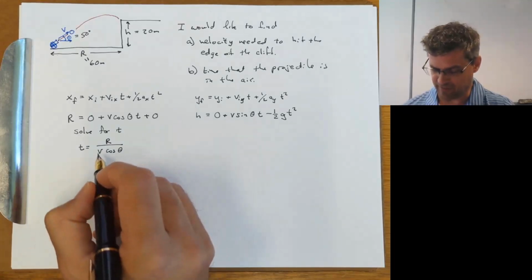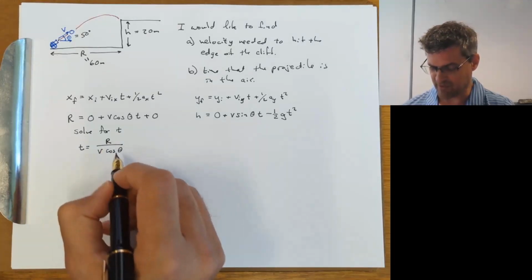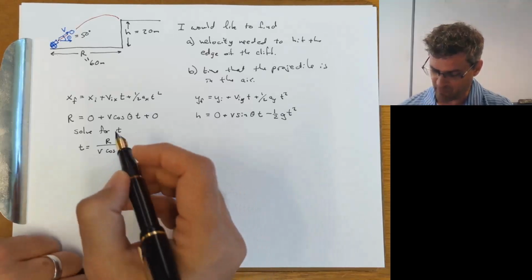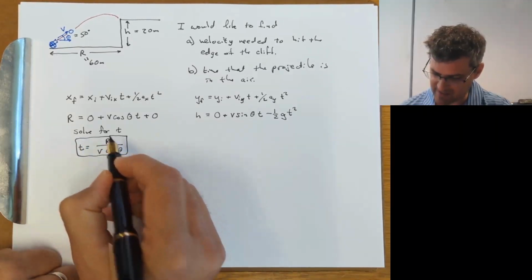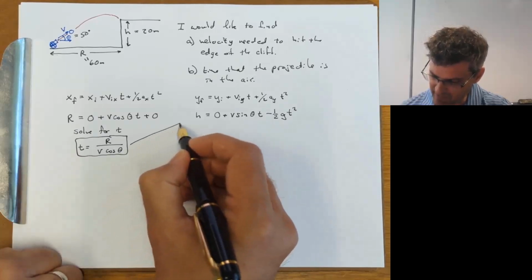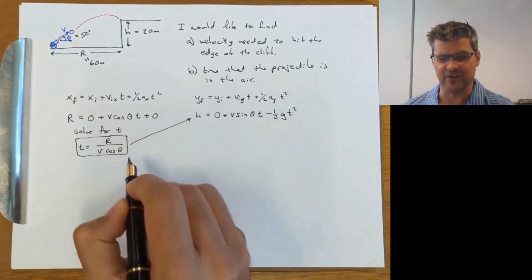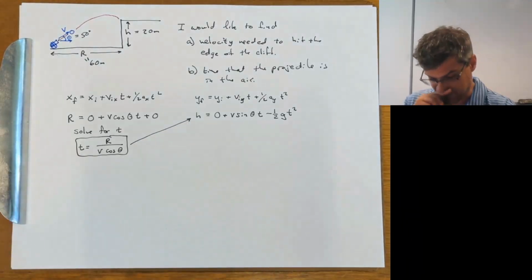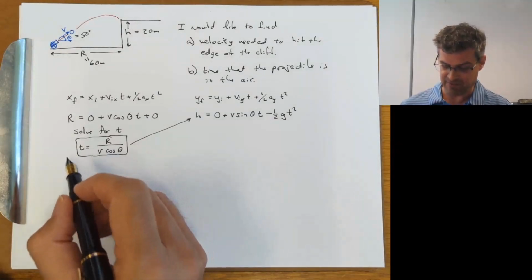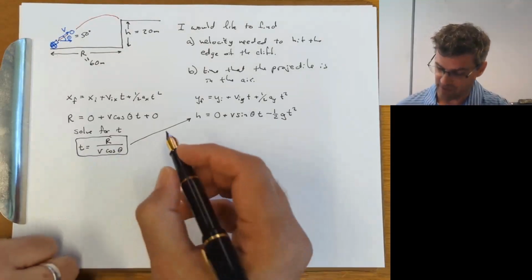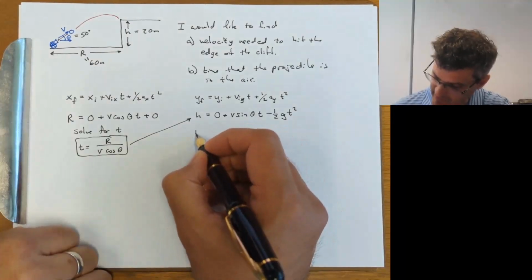Now, I don't know what v is, but I do know r and cosine theta. But what I do with this is take this thing and plug it into the other equation. This is what the time is. I don't know how to find out numerically what it is, but this is the time. So let's take this time and plug it in over here.